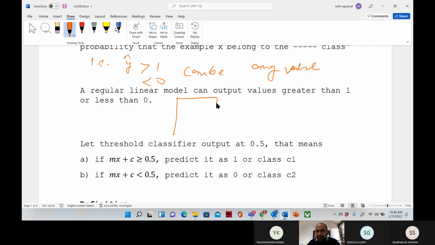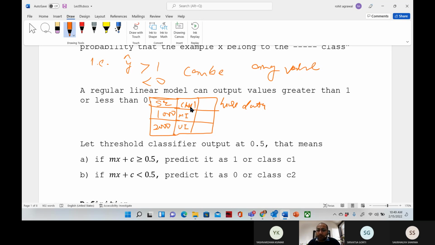I can give you the same data set, if you remember the house data. Now this time you have the square feet area, and you have two classes. The square feet area may be 1000, maybe 2000, and suppose this is class 1, that means middle income, and this is upper income.